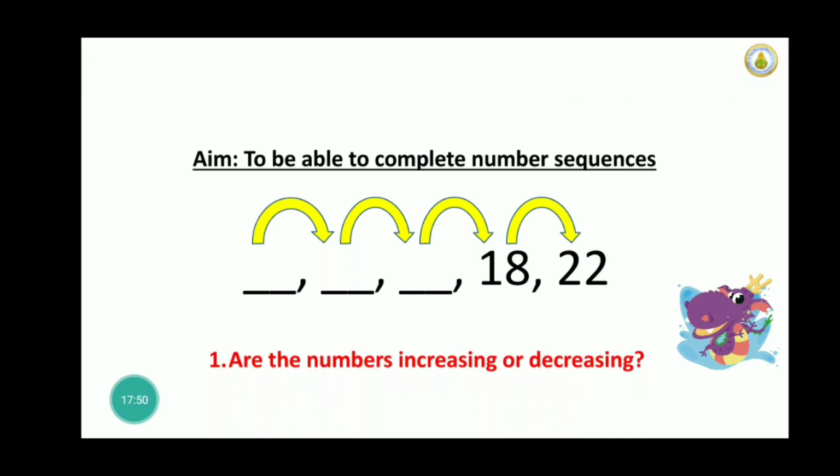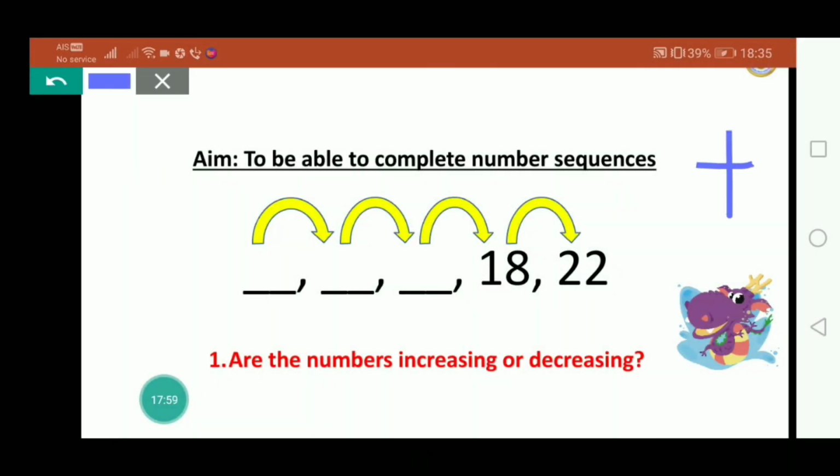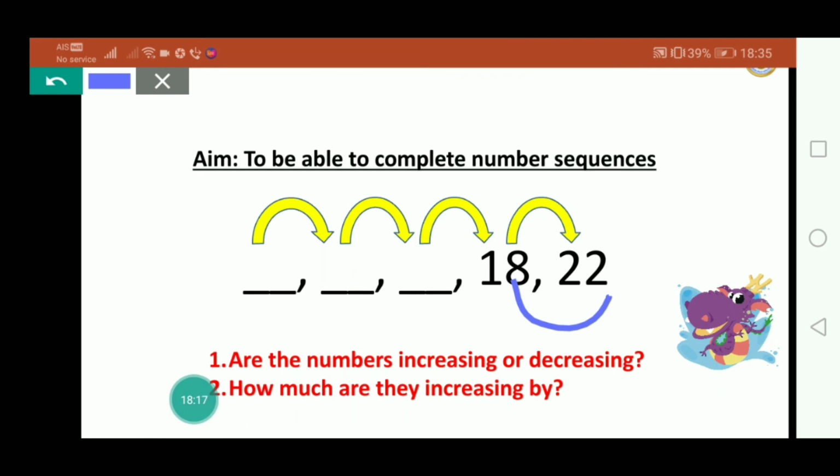How about this one? Are the numbers increasing or decreasing? Well done. It is increasing. So this will be addition. How many did they increase by? So from 18 and 22, how many did they increase? Yes, it should be add 4 or plus 4. 18 plus 4 is equal to 22.